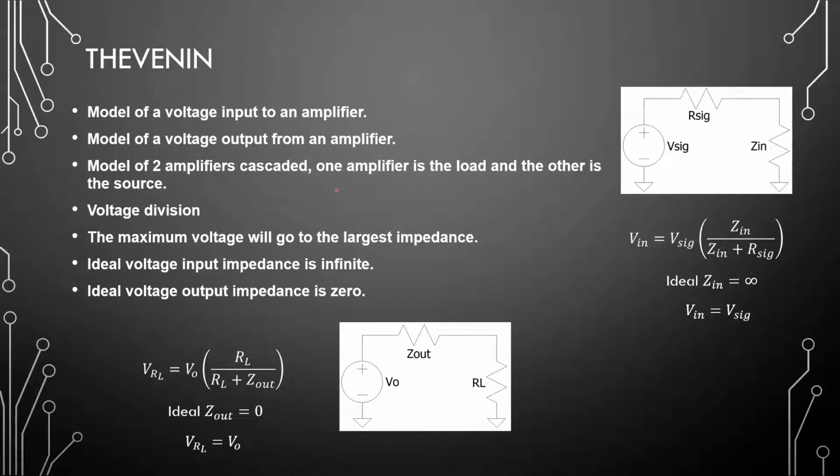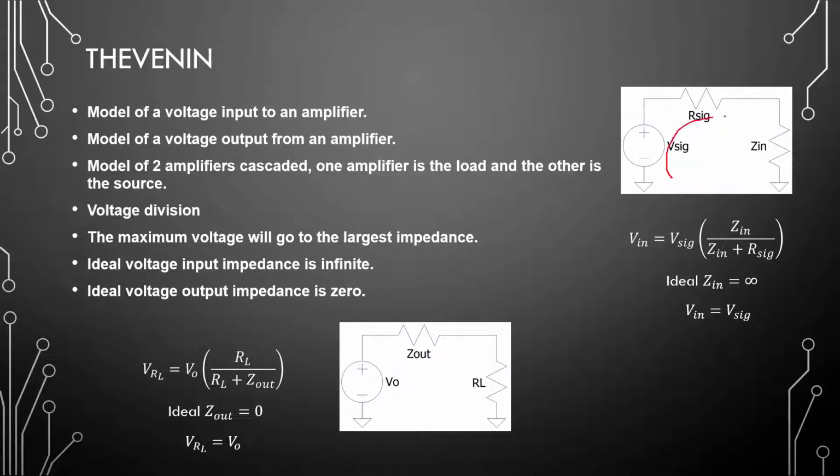So a Thevenin model for a voltage input, you will typically have your signal, the signal resistor, and then the input of your amplifier. So plain and simple, a Thevenin model is a voltage source and a resistor, right?